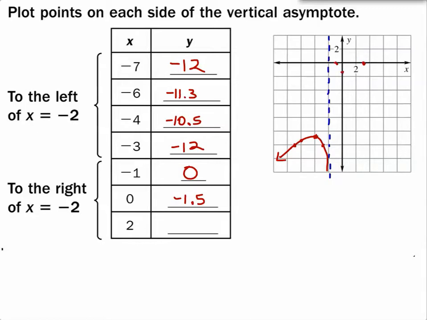And when you plug in 2, you end up with negative 0.8-ish. So, boom. We still have that other dot from the other x-intercept. You can probably see the pattern of what the graph is doing. It's going zoom. And that's pretty much what's going on.